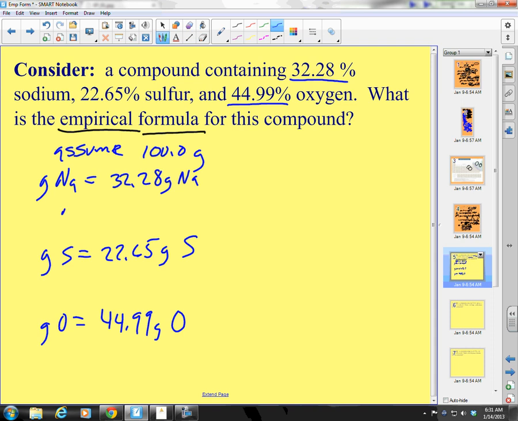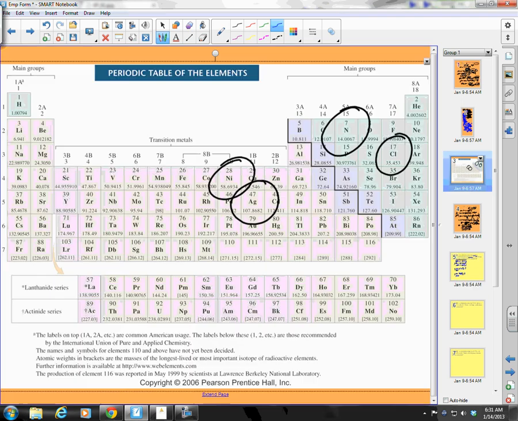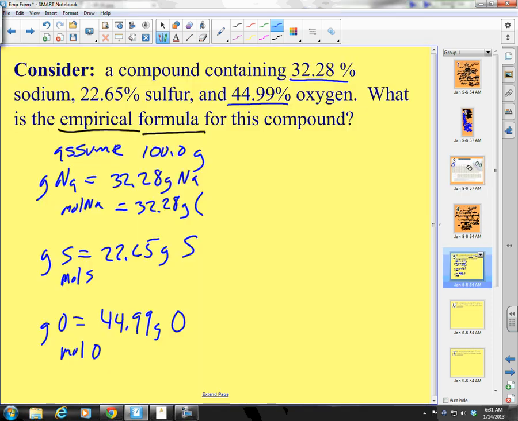Next step, I want to convert to moles. So I need moles of sodium, moles of sulfur, and moles of oxygen. So how do I do that? 32.28 grams times what? Where's my molar mass? Molar mass of sodium is 22.99, so 1 mole per 22.99 grams of sodium.